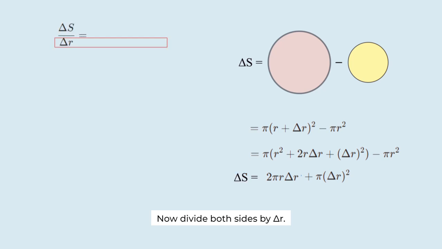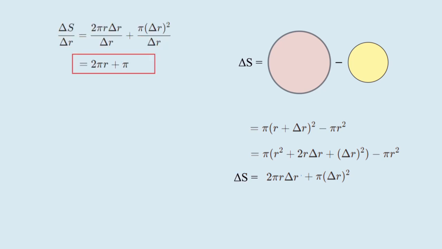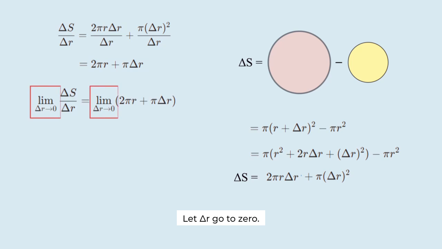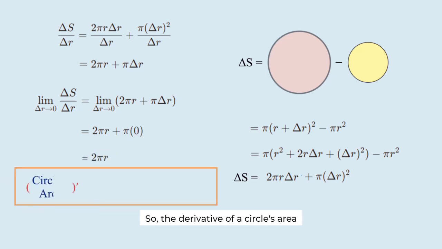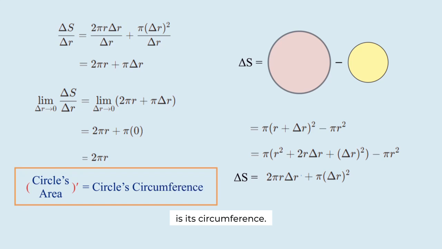Now divide both sides by delta r. Let delta r go to 0. This term disappears. What's left is 2 pi r. So the derivative of a circle's area is its circumference.